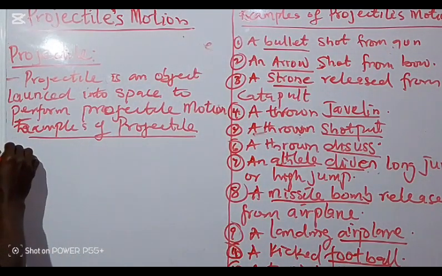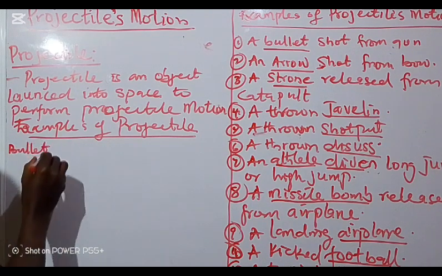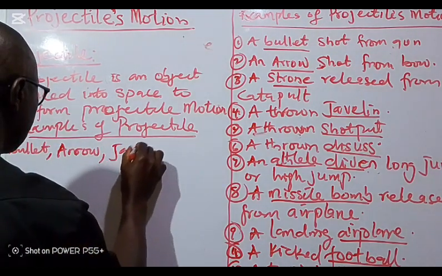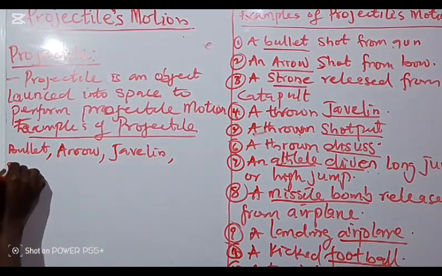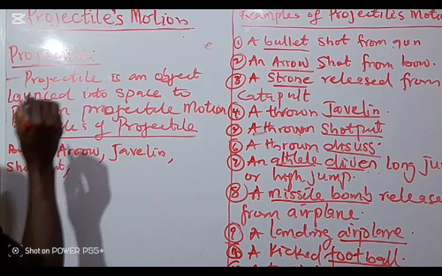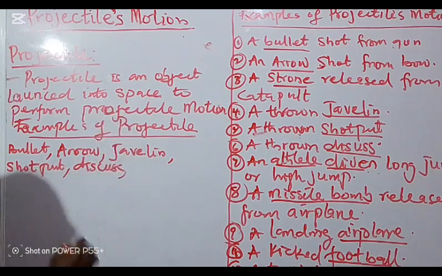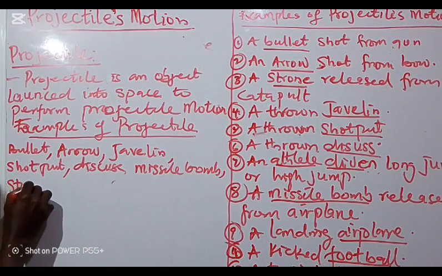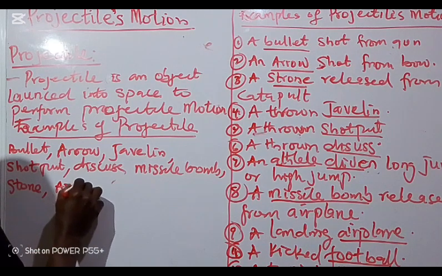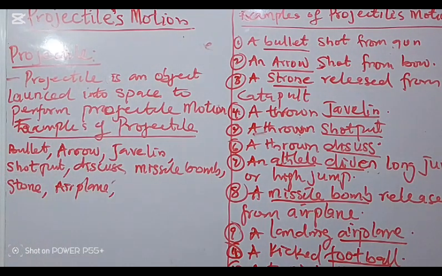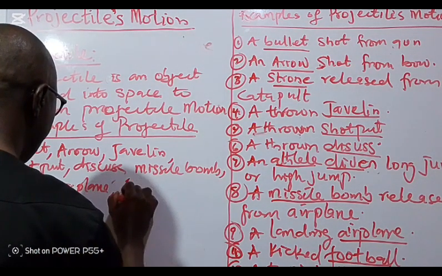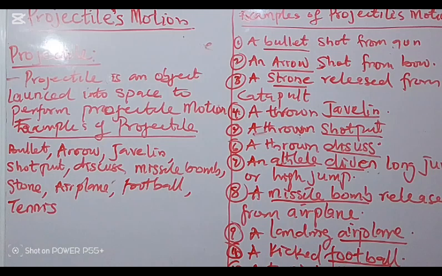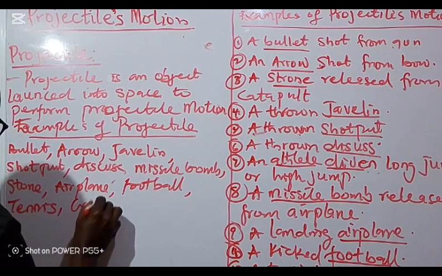We can have bullets, arrow, and javelin, shot put, discus, missile bomb, stone, airplane, and tennis, any kind of ball, either football or tennis ball, or cricket ball.